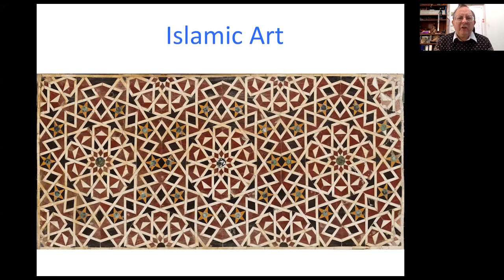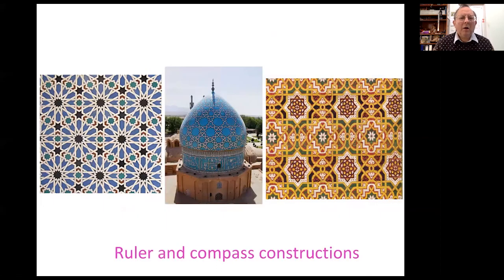And here we see absolutely beautiful patterns which have very, very strong geometry to them. Here's some more, and you can see that they're not just done on the plane, but can also be wrapped around the domes of the sacred buildings in the various cities in the Arab world.